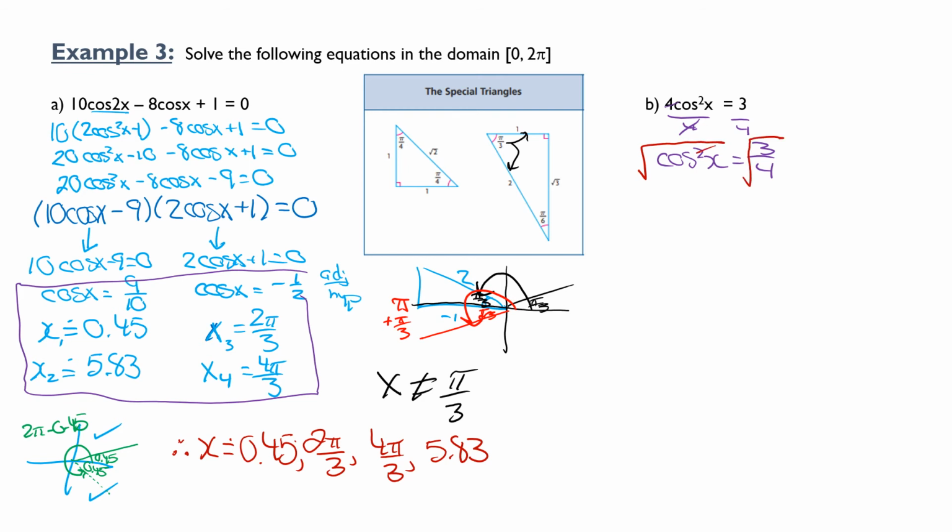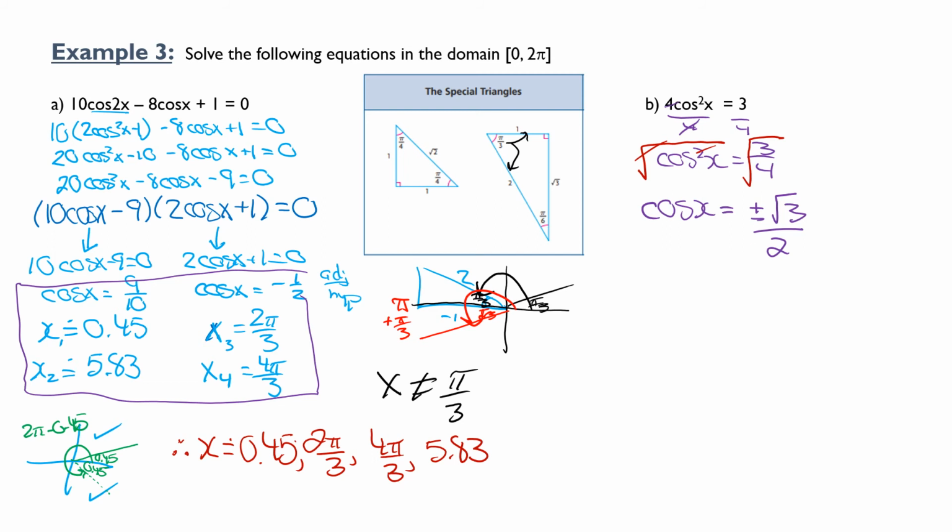And the power of 2 cancels out with the radical. So I now just have cos x equals plus or minus, because we can have a positive or a negative, plus or minus root 3 over, now the square root of 4 works out nicely to a 2. I don't need to put another plus or minus here because the above plus or minus has all those combinations in it.